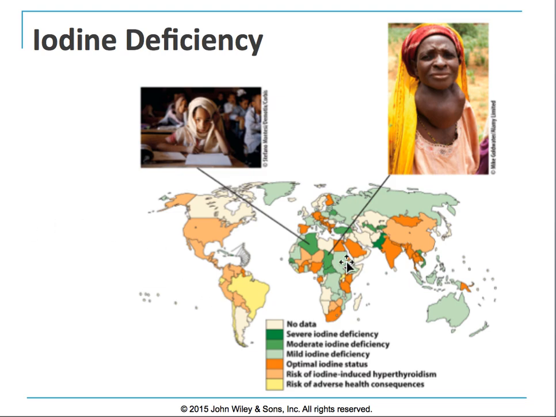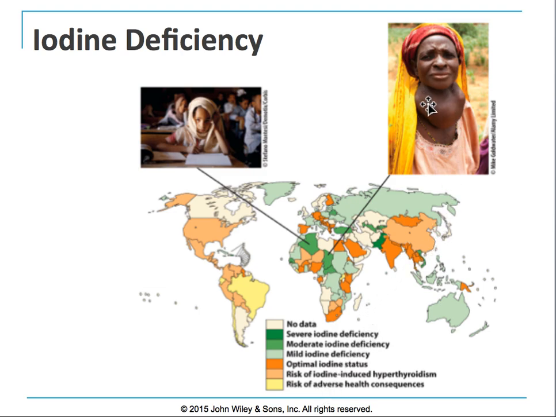Iodine deficiency, this is again looking at regional deficiencies and excess. The green areas are those areas that are most likely to experience iodine deficiency. And then the light orange and yellow areas are areas that have adverse health consequences as a result of increased iodine consumption.